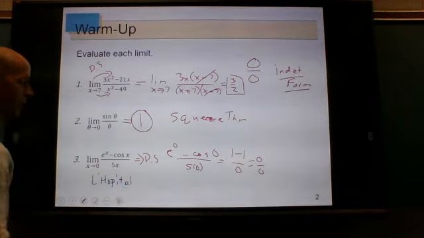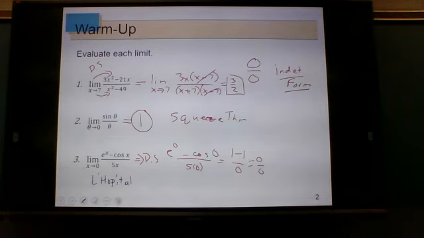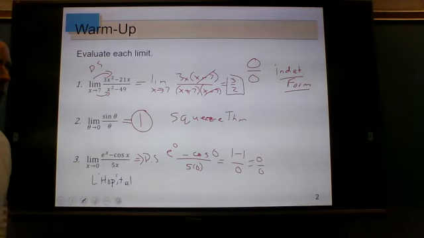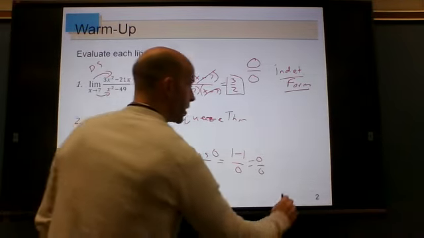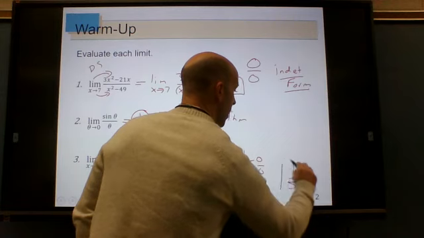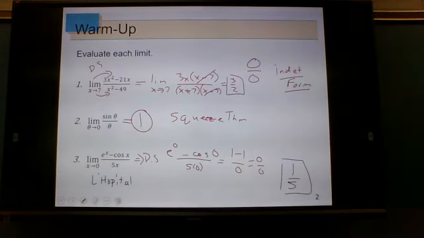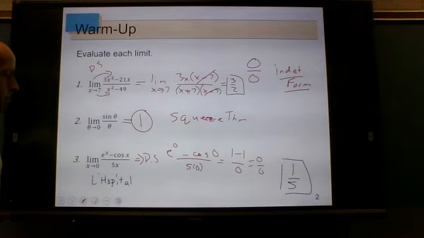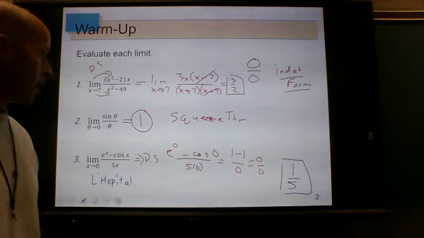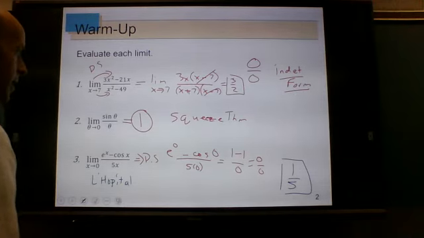And that's what we're going to talk about today. In order to find the answer to this, we're going to basically differentiate the numerator and the denominator. And I'm just going to go ahead and tell you the answer to this last problem is 1/5. You probably were able to figure that out on your own. But I'm going to save the explanation of L'Hopital for in just a second.